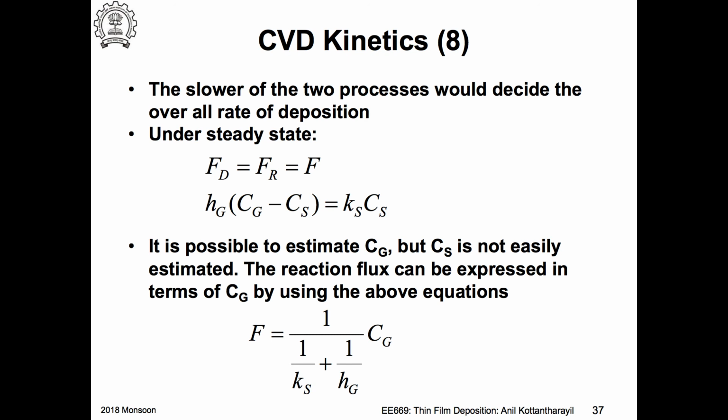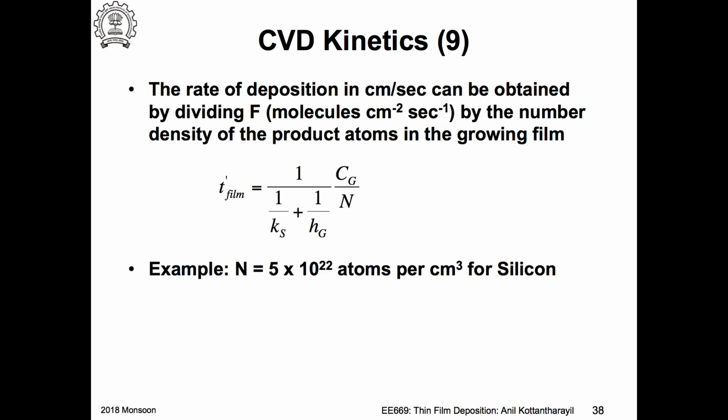So this is a simple thing, you can work it out yourself, how to get this. So this equation is there for us to interpret. And this is again, if you remember, we have done a similar thing. So this is essentially the rate of growth of the film.